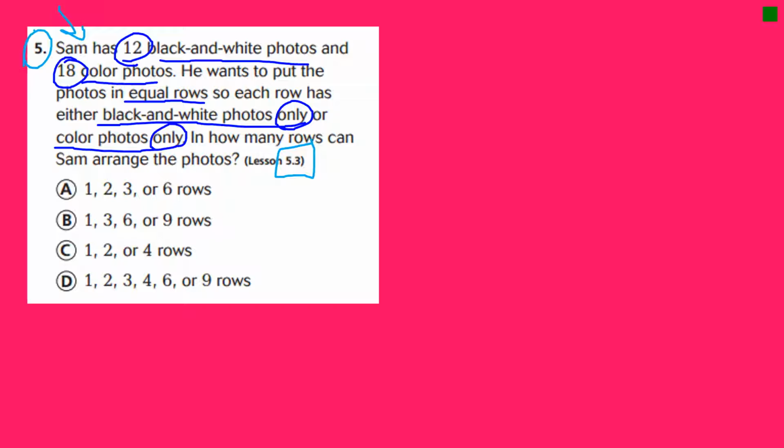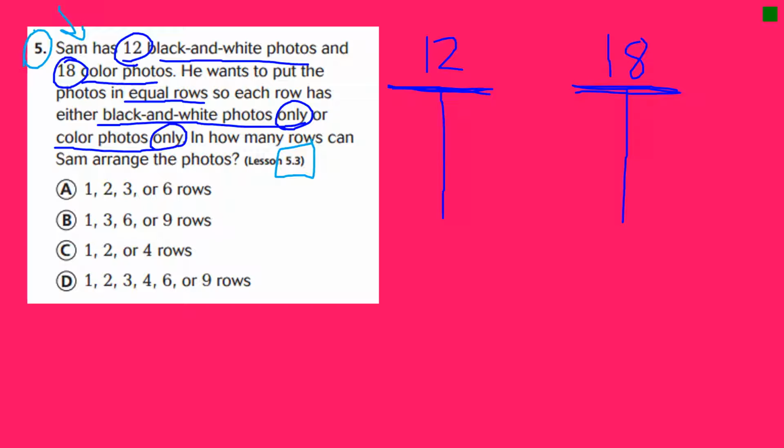So I have to find a number that both of them can be divided by, or a number that is a factor of both of them. Okay? Because if I find a number that I can divide into 12 evenly and 18 evenly, I can put them in the rows.